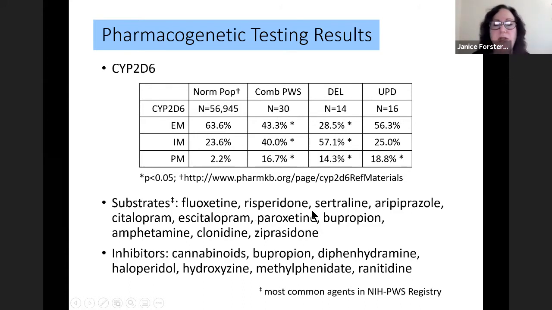So looking at 2D6, what we find here is that there is a generalized decrease in metabolic efficacy, especially among deletion, but also among UPD who have poor metabolizer status. This is important because it has direct impact on choice of dose of medications for these agents.